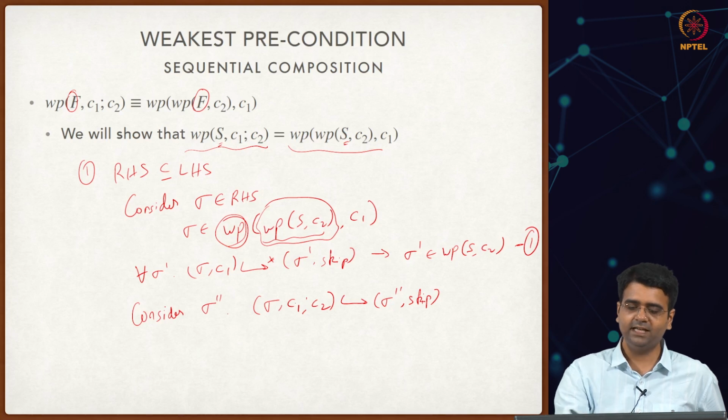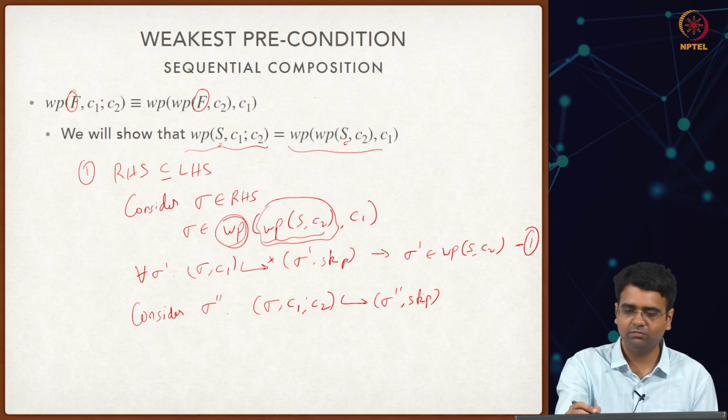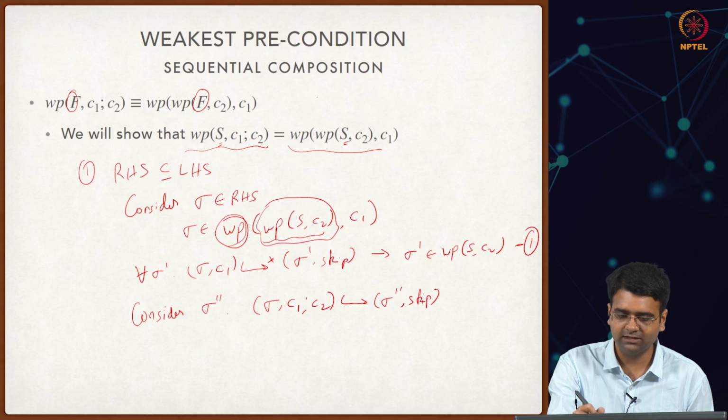So if I take any execution of C1 semicolon C2 on the state sigma, and if such an execution leads me to the state sigma double prime, then this sigma double prime is guaranteed to be in S. If I can show that sigma double prime is in S, then that will mean that sigma is also in the left hand side, so it's in WP of S, C1 semicolon C2. Again, this is coming from the definition.